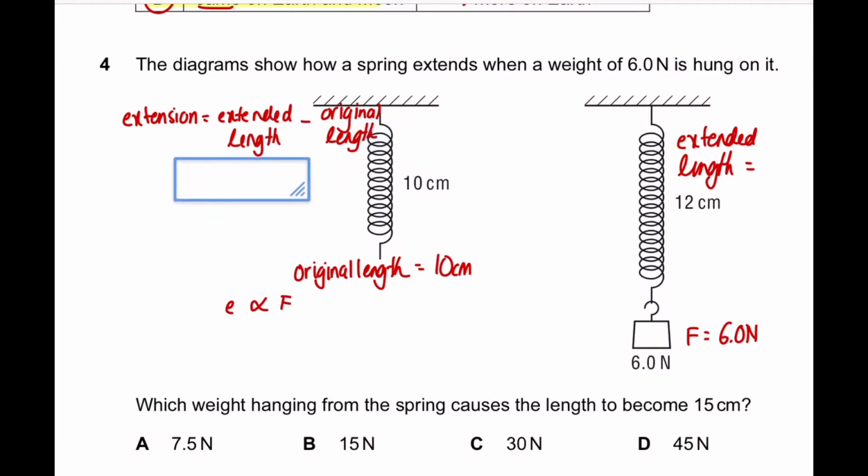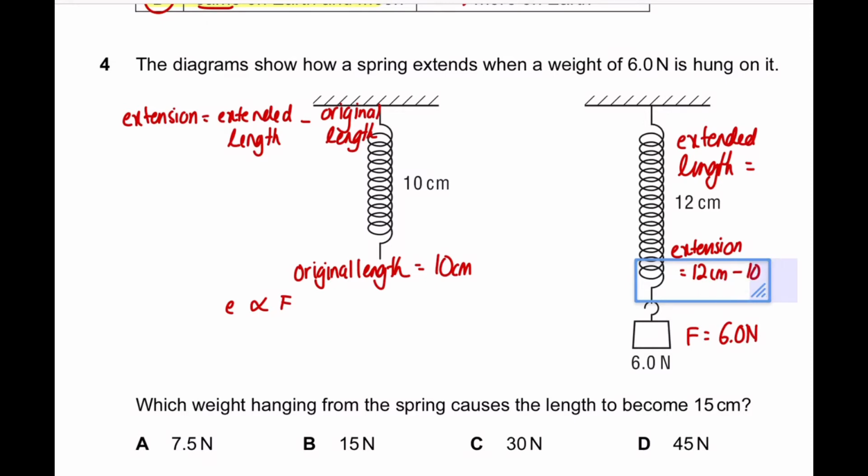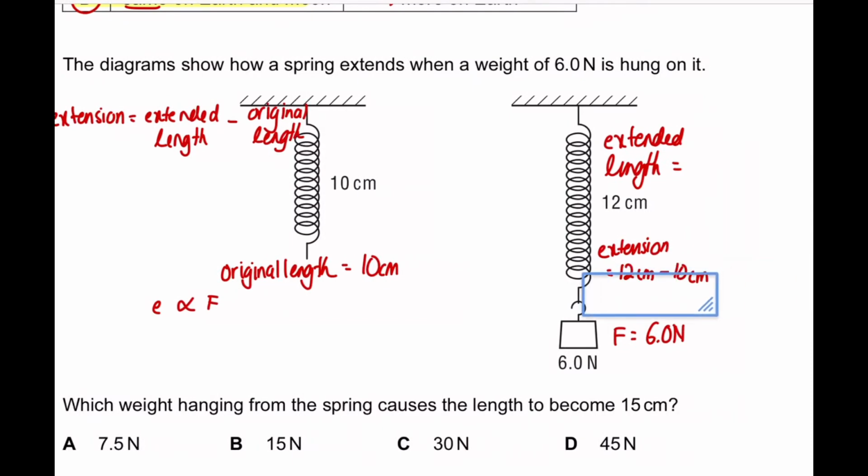In this case, the extension on the right hand side is 12, the extended length, minus the original length of 10 centimeter, which will give you 2 centimeter.